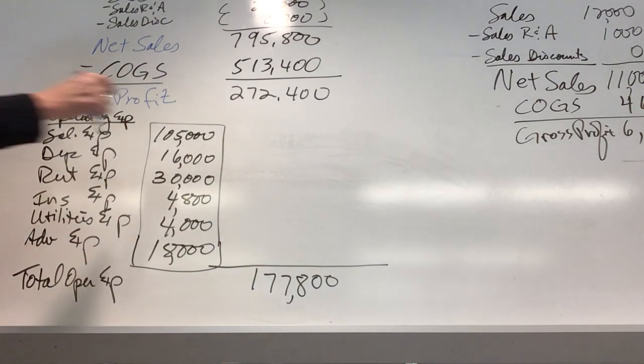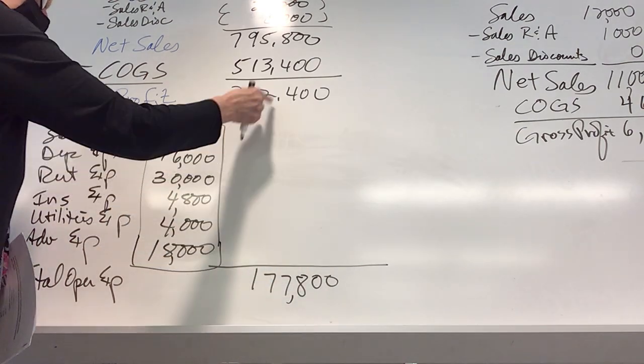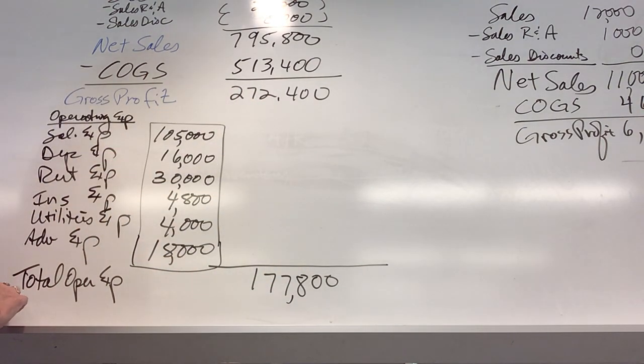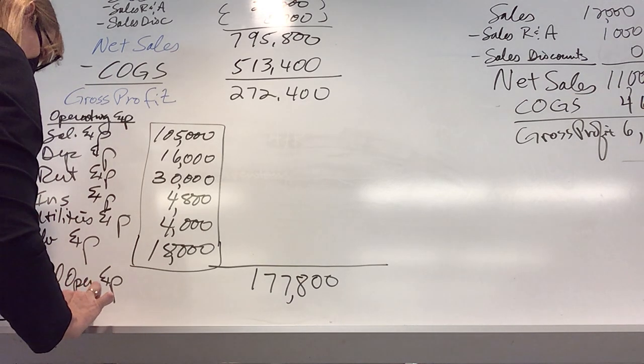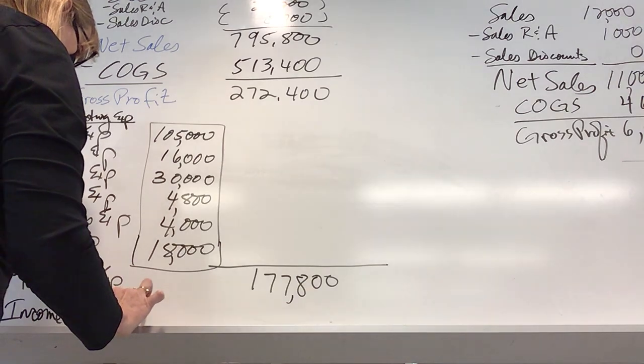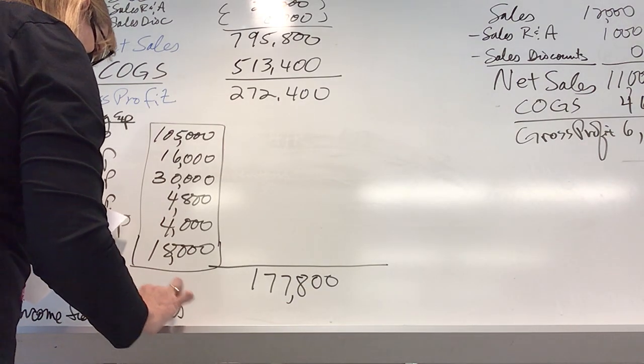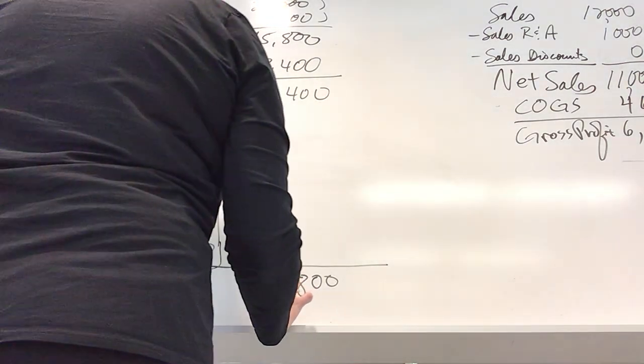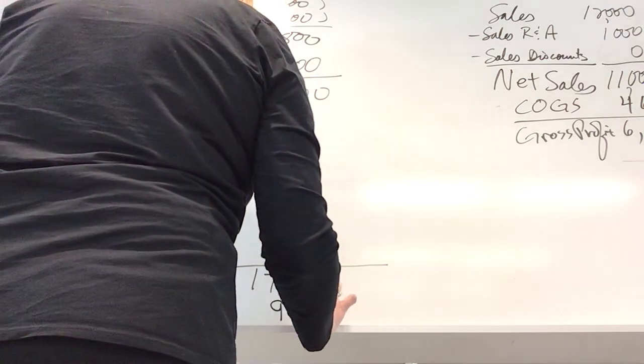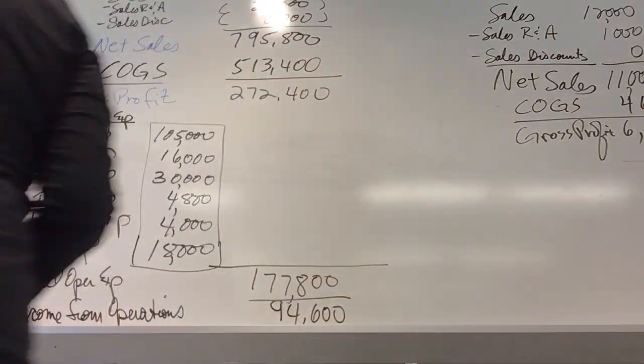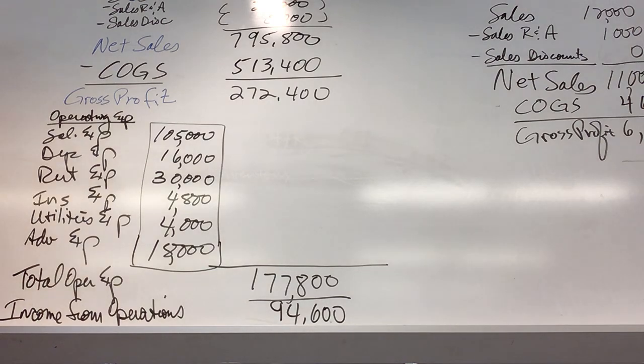Then we're going to subtract total operating expenses from gross profit. And this comes out to be income from operations. That ends up being $94,600. Okay. Now, sometimes you can also call this operating income.